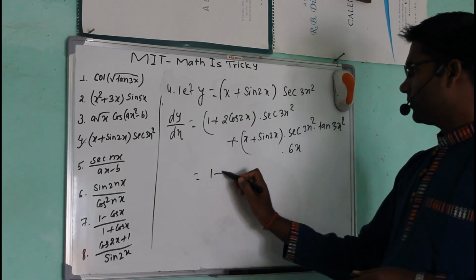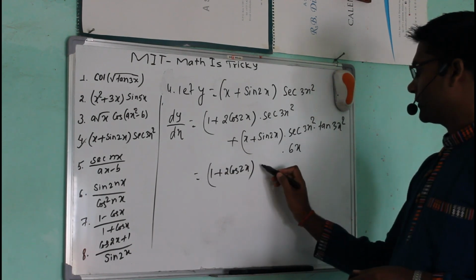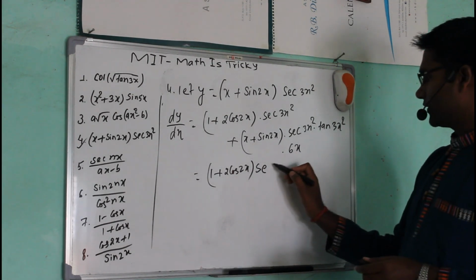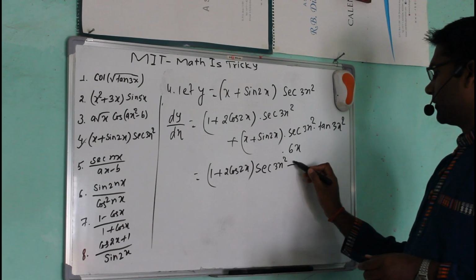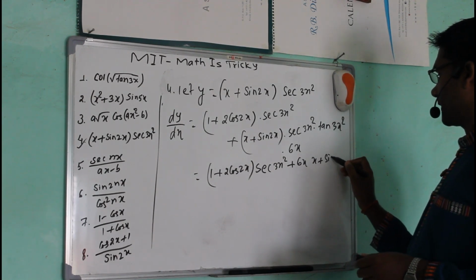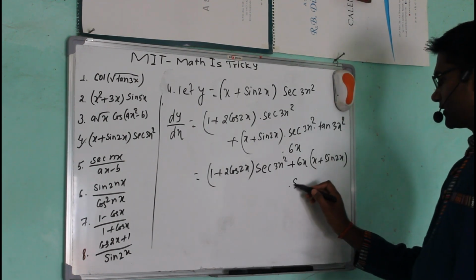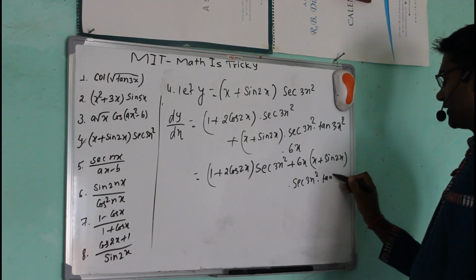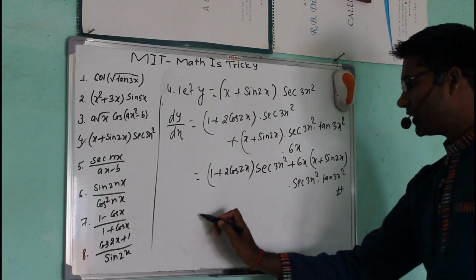It will be simply 1 plus 2 cos 2x times sec 3x square. We can take sec 3x square common, and the remaining is 6x times x plus sine 2x times tan 3x square. That's your answer.